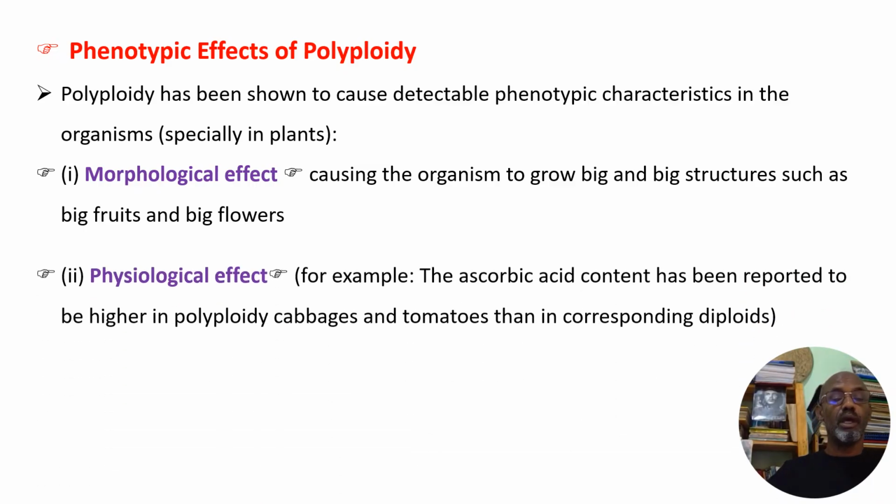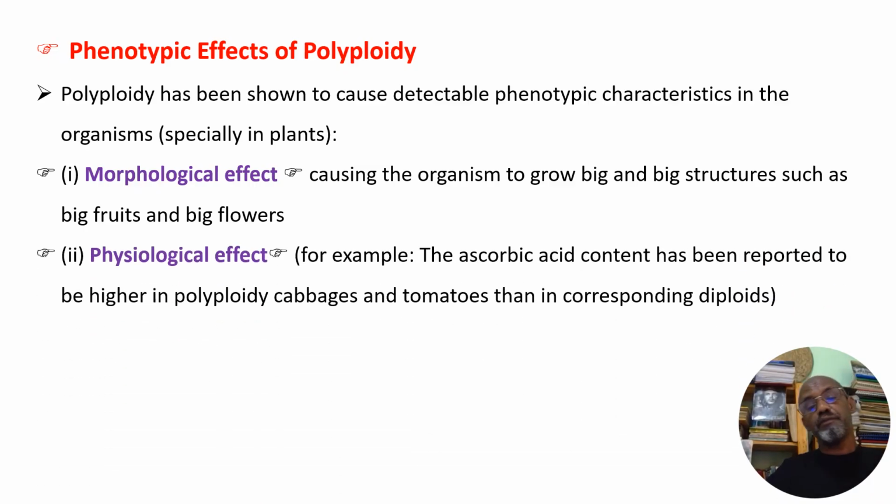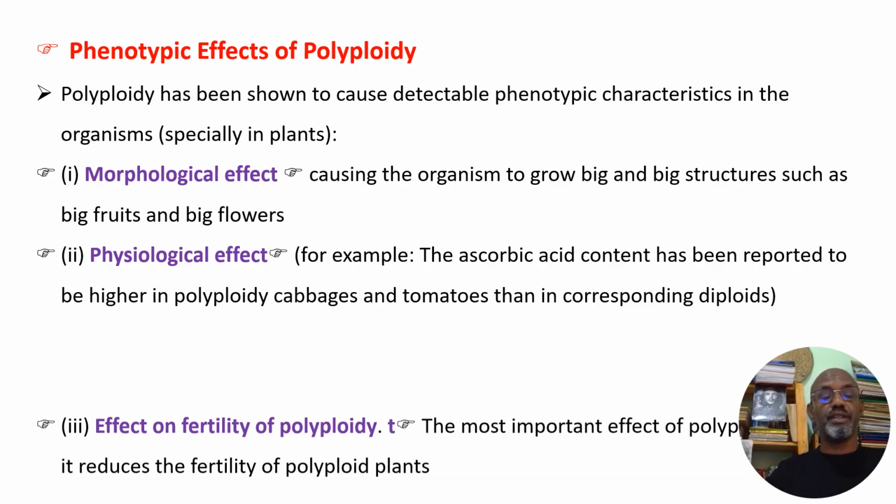Also, physiological effects, for example, the ascorbic acid, vitamin C content, has been reported to be higher in polyploid cabbages and tomatoes than in the corresponding diploids. You see, polyploidy alters physiology so that it may increase the presence of some chemical benefit like vitamin C in this case.